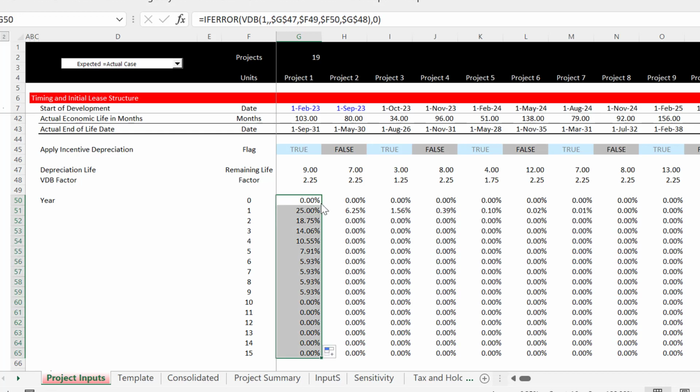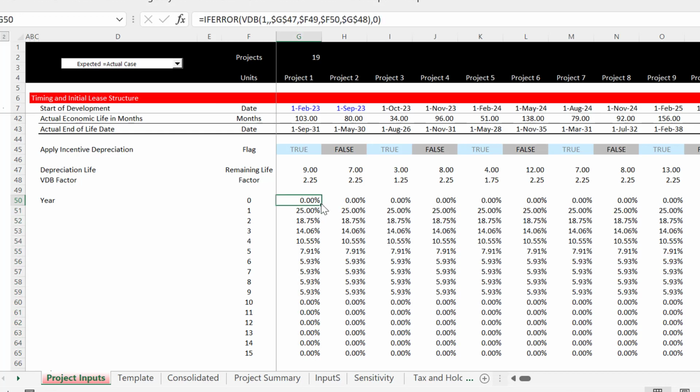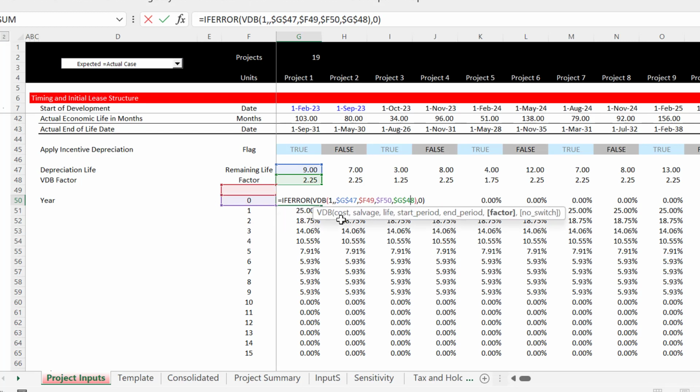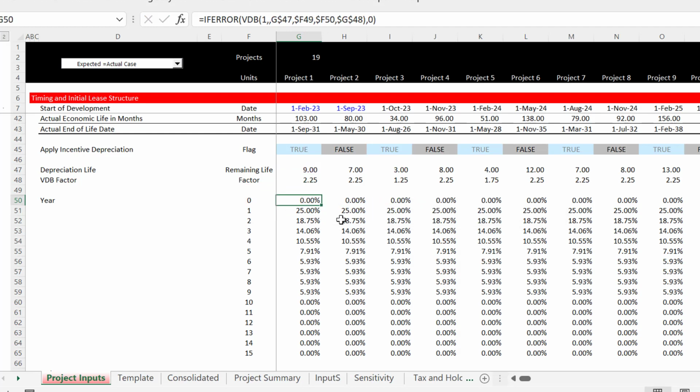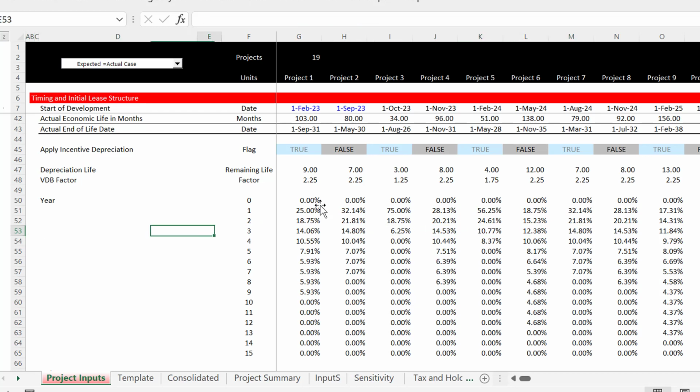Sorry about that. I didn't put this one too. So hopefully we get different depreciation patterns depending on the lives.